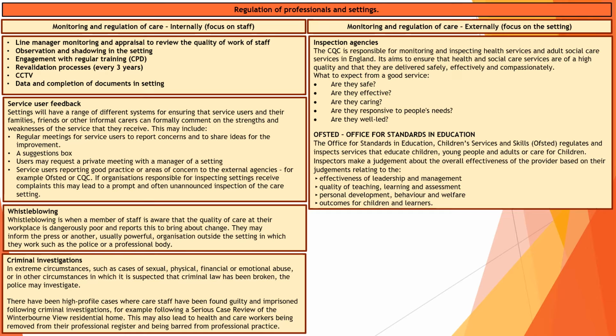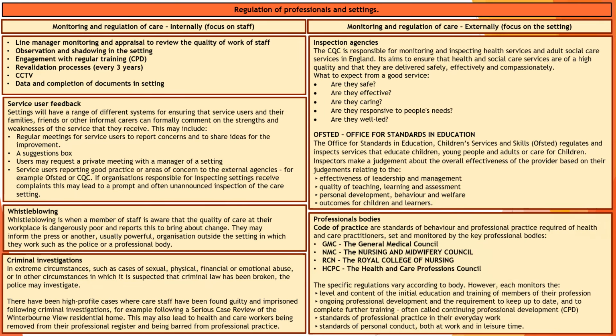They look at a whole range of different services, and again, they go in, they do their observations, they do their inspections, they look at the data, they make recommendations for improvements, and they highlight areas that need to be developed. So that's a more focused regulation monitoring of a setting, of a place. As I say, the professionals, the person, are not always regulated in these settings.